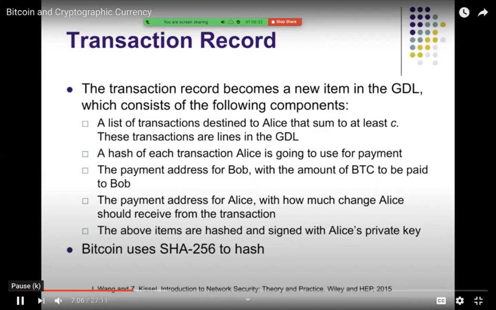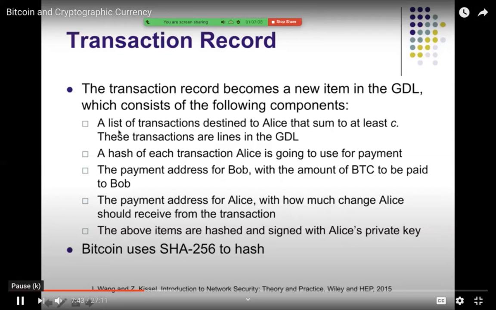Now, what is a transaction record? Once again, the blockchain is a global distributed ledger, which is basically a chain of transactions linked to each other. So now we need to know what a transaction looks like. A transaction record becomes a new item in the blockchain, which consists of the following components.